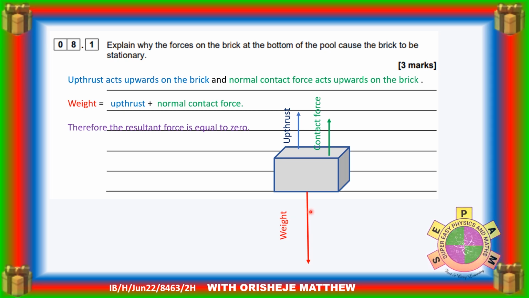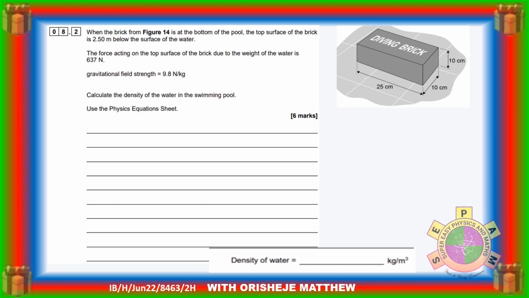Question 8.2. When the brick from figure 14 is at the bottom of the pool, the top surface of the brick is 2.5 meters below the surface of the water. So we are looking at the depth.